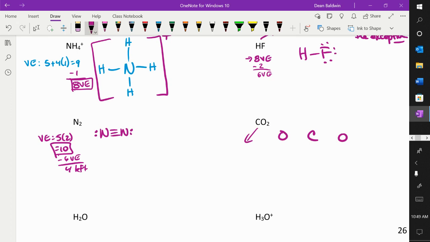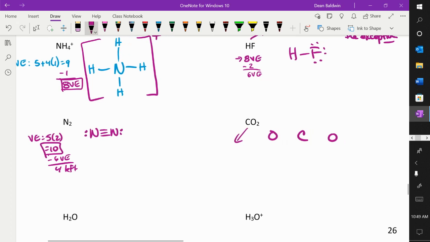We got to do valence electrons. Carbon has how many valence electrons? 4. Oxygen has 6, but there's 2. So that's 12. We have 16 valence electrons we have to account for. Okay. Carbon wants 4 bonds. Oxygen wants 2.